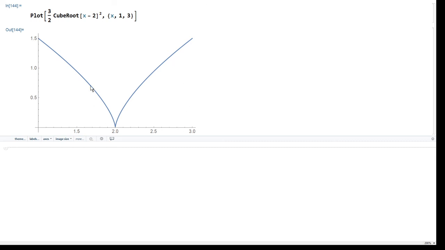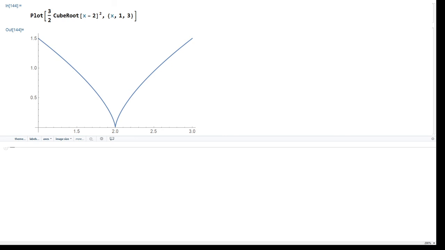If we look at these values here, it looks like either way we approach this, as we go to 2, this is going to be 0. So it's important to double check these things if you're not 100% sure what your graph is going to look like. All right, so let's plug those in. We're going to have 0 minus 3 halves from the first one.